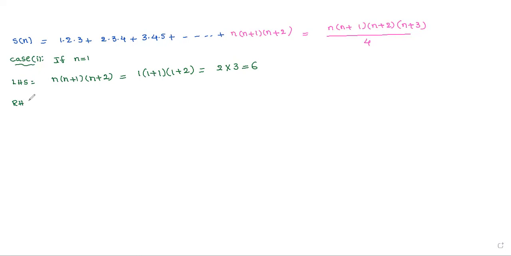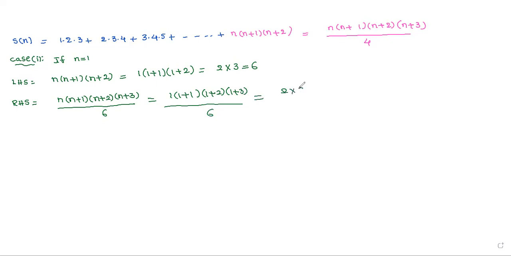RHS: n into n plus 1, n plus 2, n plus 3 by 4. So 1 into 1 plus 1, 1 plus 2, 1 plus 3 by 4, so 2 into 3 into 4 by 4.